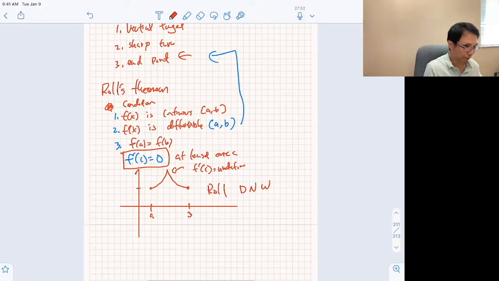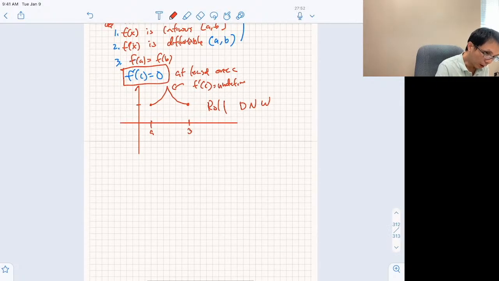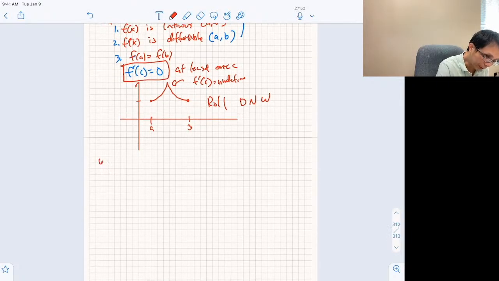Second case, f of a equal to f of b. So let's talk about where Rolle's theorem works. Rolle's theorem is going to work in this situation here, where it's differentiable.